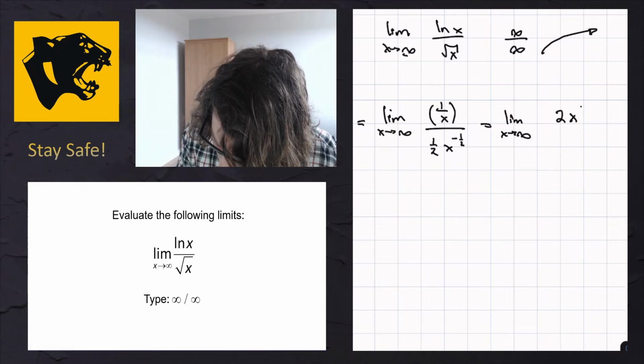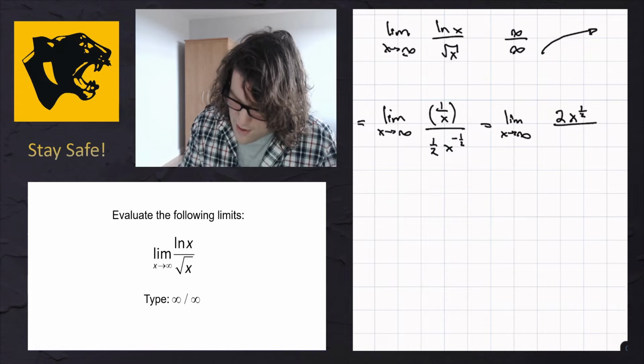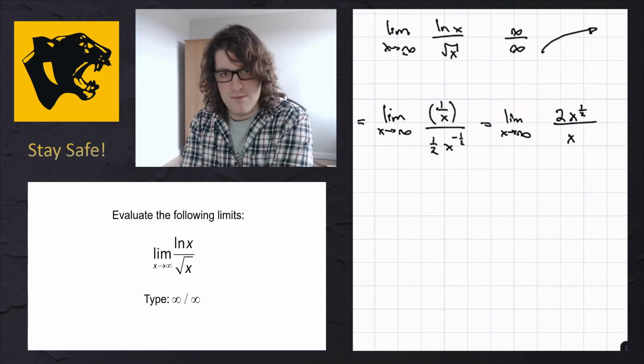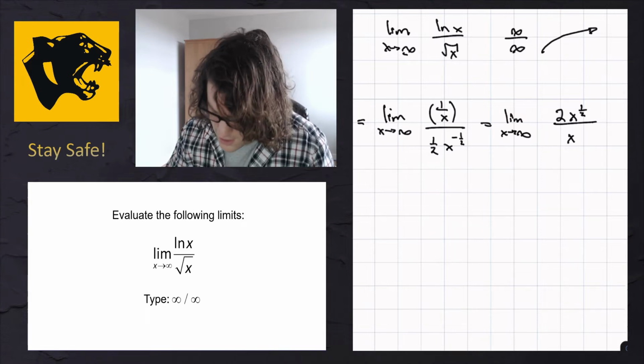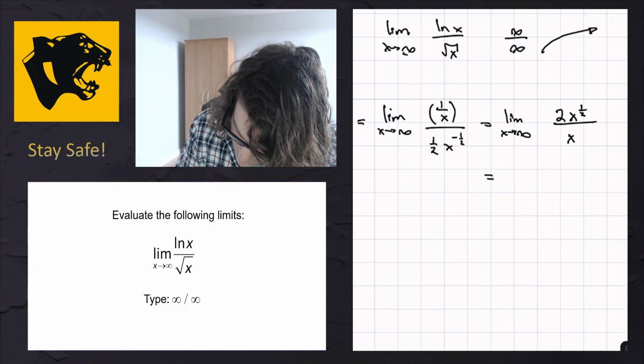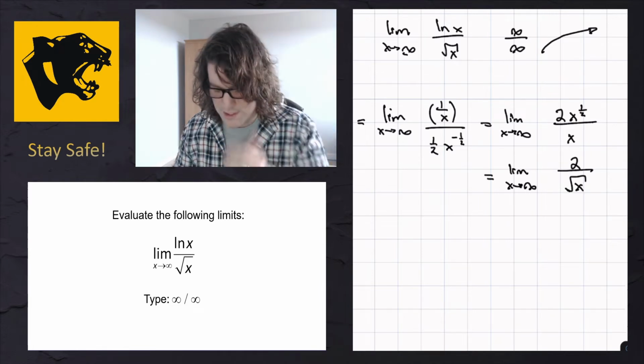I'm going to write that x to the 1/2 in the numerator instead of a negative in the denominator. And then that 1 over x is the same thing as a 1 over x out front. The x squeaks into the denominator, so it looks kind of like this. I am actually going to take another step just to make it look very clear. And so x to the 1/2 divided by x is the same thing, it's just the square root of x in the denominator.